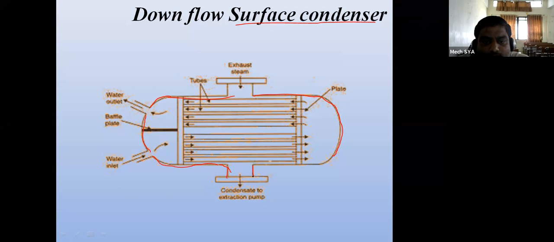This is the shell, and in this shell there are baffle plates to support the tubes, and a pipe is there. And these are the water tubes. What happens?